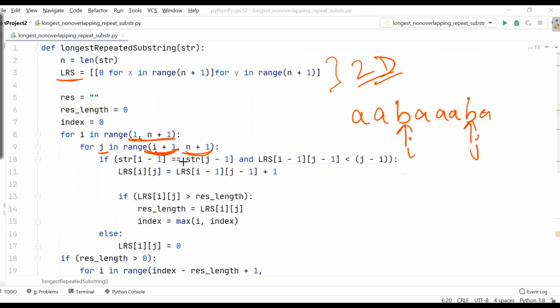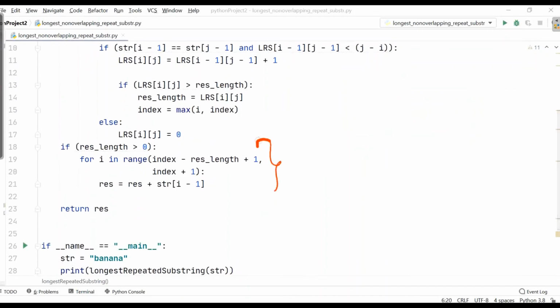Then here in the Python program, I have taken i minus 1 and j minus 1. If they are equal, as well as less than j minus i, then it will go to its diagonal part, and the matched part will be denoted by 1 plus, and then we'll take the max of all of them. And at last, so as to know the substring, we'll perform index minus res_length plus 1 to index plus 1.